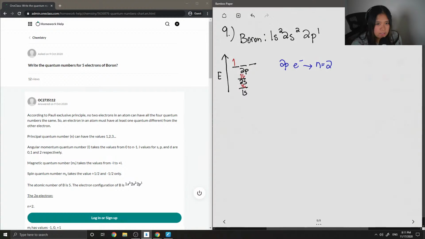Since this is just the same number that is in front of the p, since it's 2p, N is equal to 2. And to find out our L number, over here on the left, I'm just going to write out this helpful tool or chart. Okay, so these are all the possible L values. Since p is equal to 1, then our L is 1.